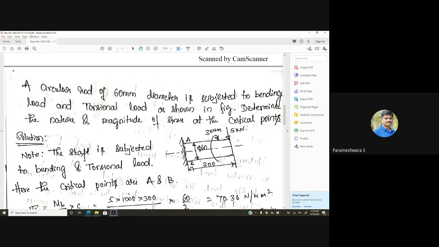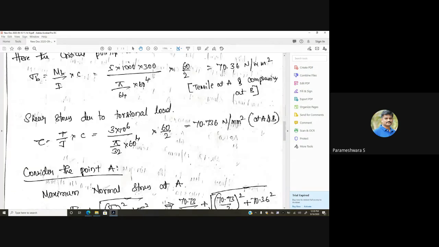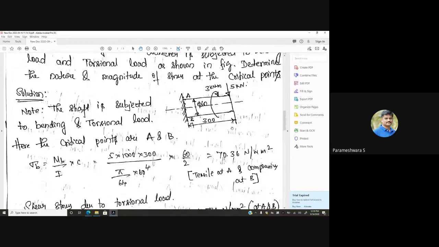Now this force is acting at one end of the bar, 5 kilonewton. So definitely one can say that in addition to the shear stress induced due to the torque, this 5 kilonewton purely induces bending stress, and this bending stress is maximum at these critical points A and B.